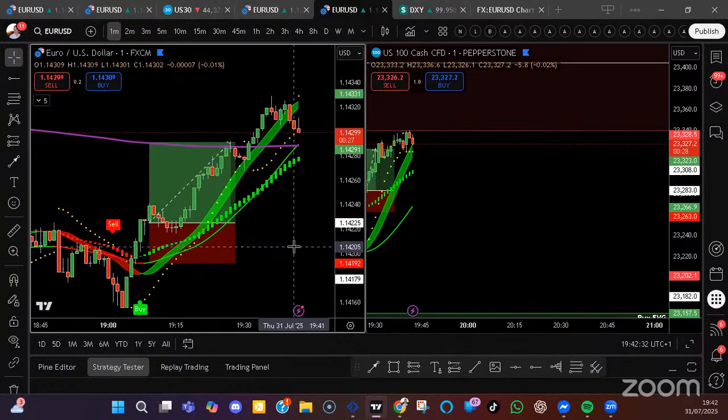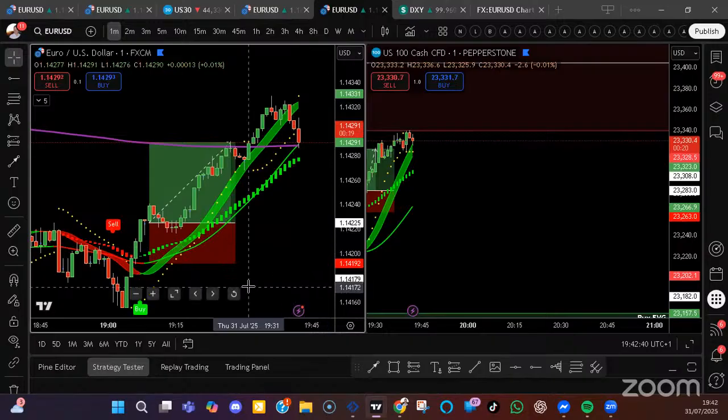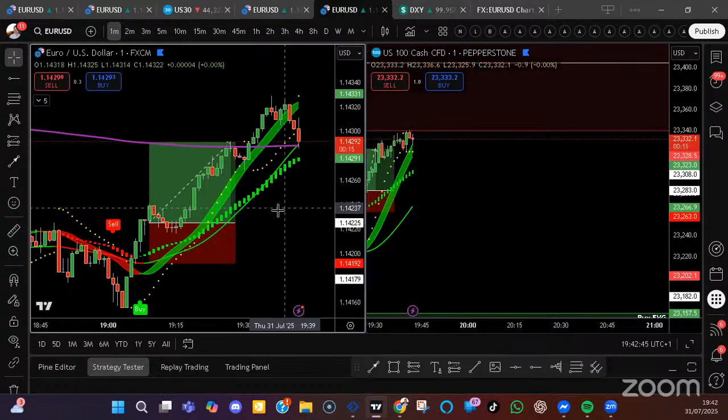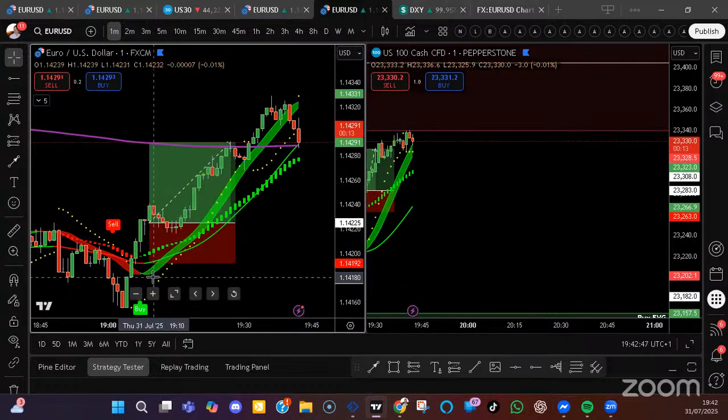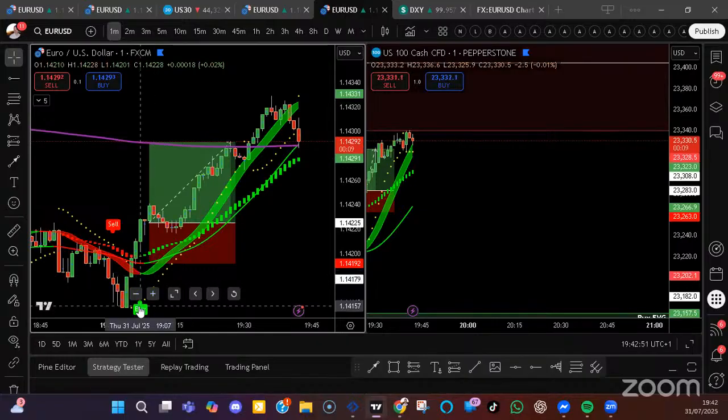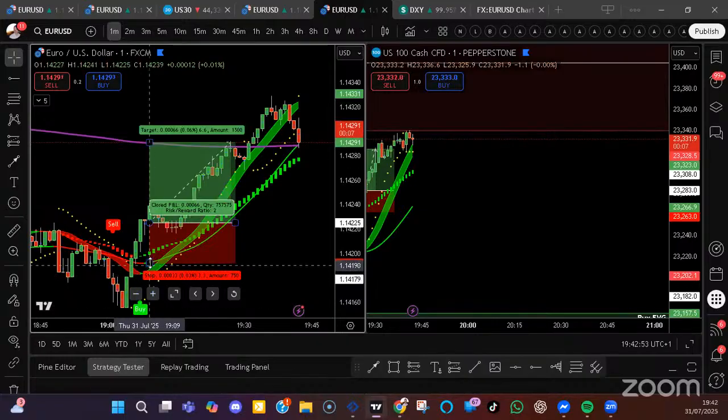Some good examples tonight of the Academy 55 and how we actually go about taking trades with it. Waiting for the green parallels below, buy alert, green volume movement, green trend. And up we go.